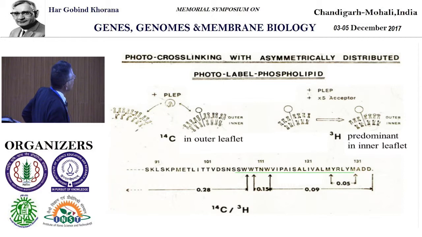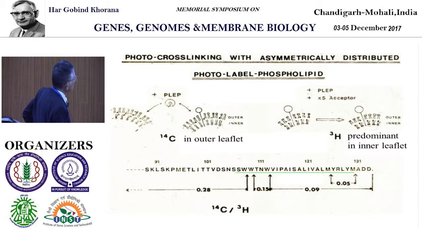And then I also made a tritium-labeled phospholipid predominant in the inner leaflet, taking out the outer leaflet radioactive protein, diluting out the outer leaflet phospholipid, and photo-labeled phospholipid by adding an acceptor here.